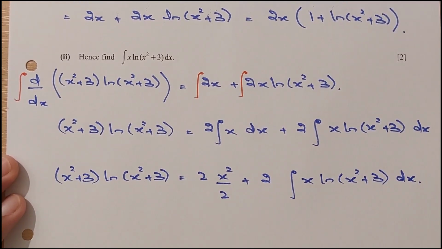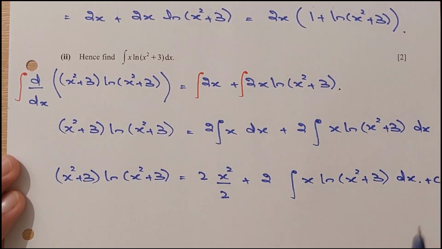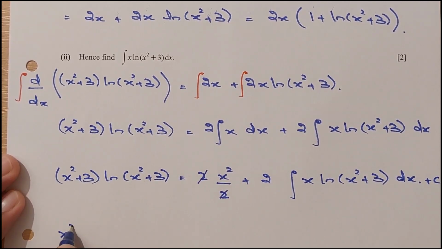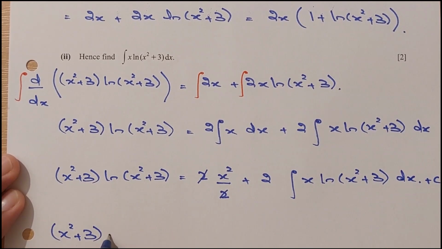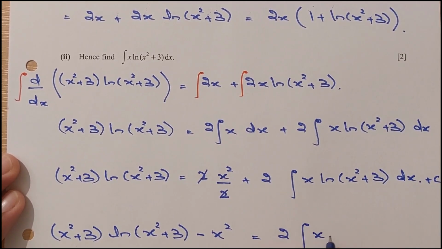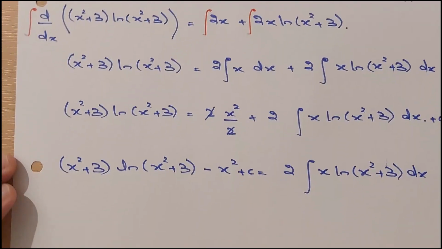And we have to add some constant of integration as well. So let me shift these terms to the other side. Yes, (x square plus 3) natural log of (x square plus 3) minus x square equals 2 times the integration of x ln of x square plus 3 dx. You can add the integration constant over here.